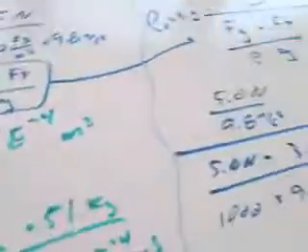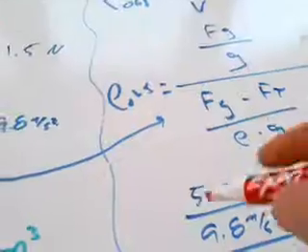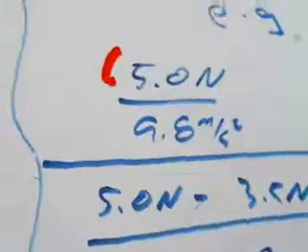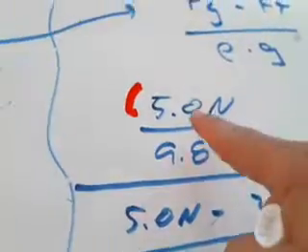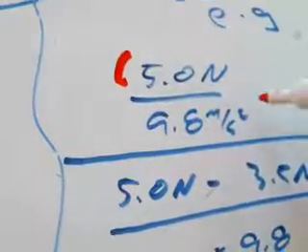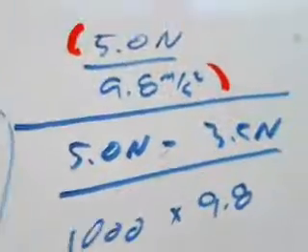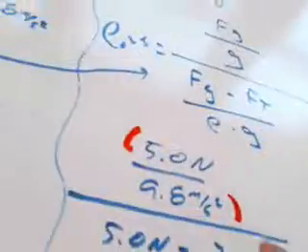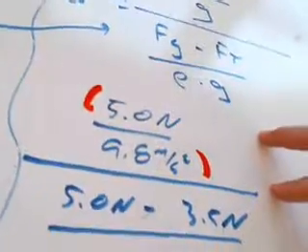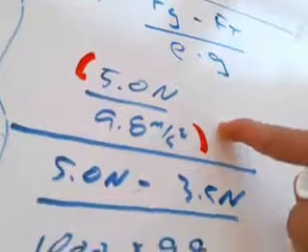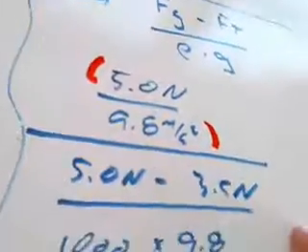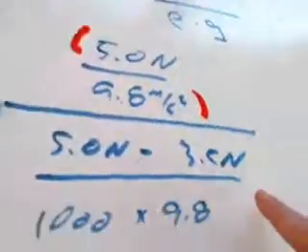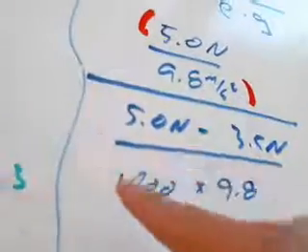Do the math all at once, meaning open a parenthesis before you push the number 5. Take 5 and divide it by 9.8, then close the parenthesis. Now you're done telling the calculator what you want your main numerator to be. It's just 5 divided by 9.8. Push the divide button. You want the denominator to be that whole entire quantity.